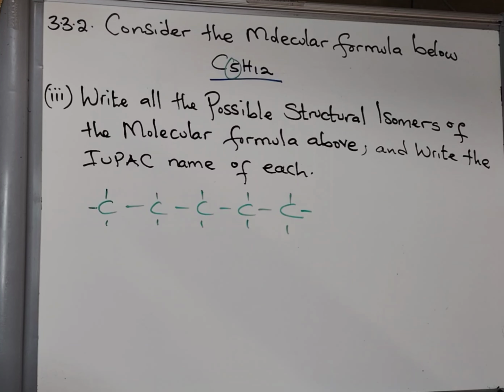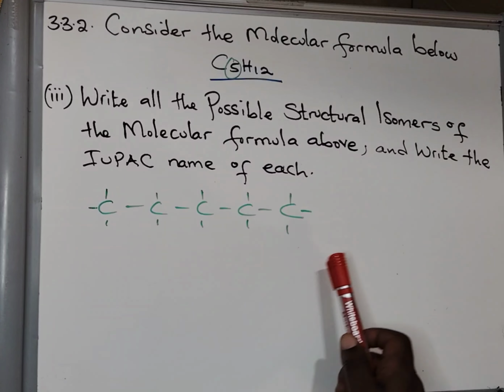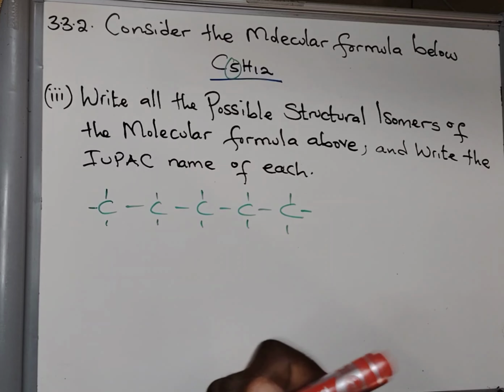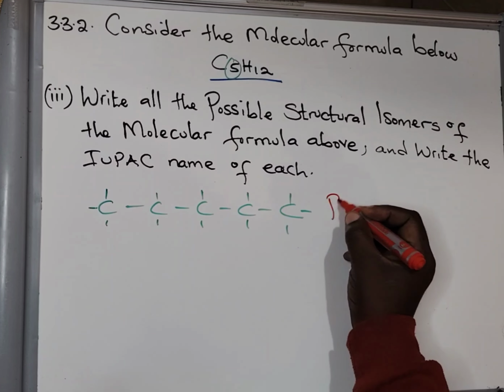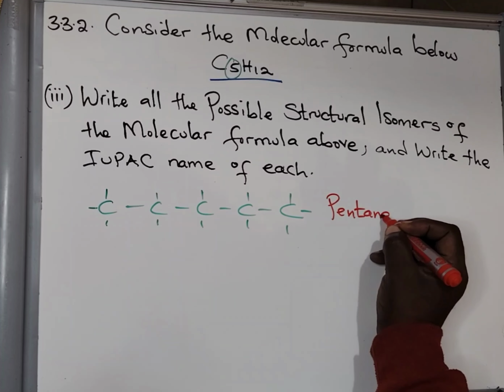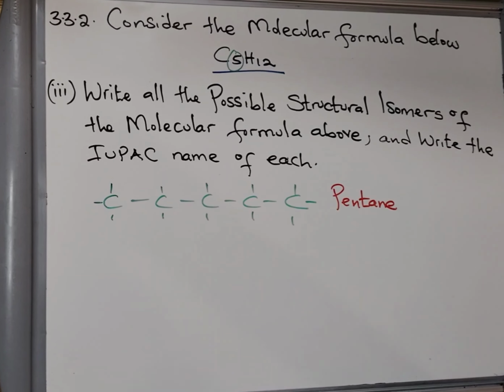Okay. And what is the IUPAC name of this? It's a straight chain without a branch. So the IUPAC name is pentane. Then we get the next one.